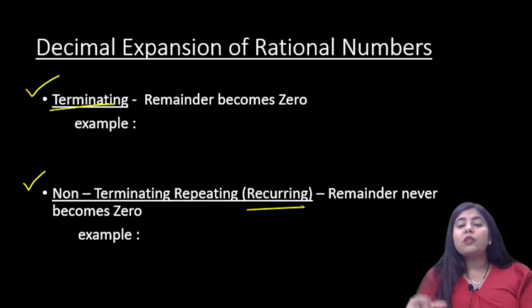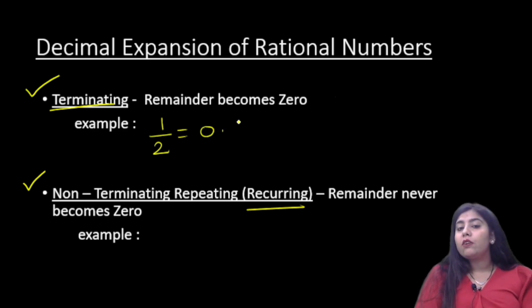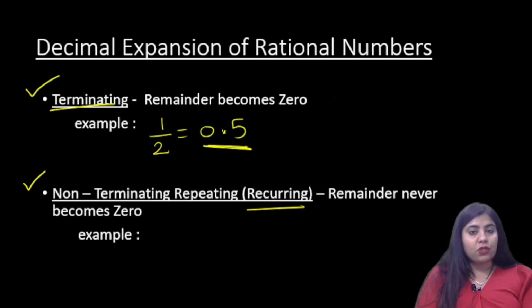Any decimal expansion that stops after a certain point is terminating. For example, we have 1 upon 2. 1 upon 2 is 0.5. We will get 0 as the remainder when we divide 1 by 2. So it stops after 5. It means it is the terminating decimal expansion.